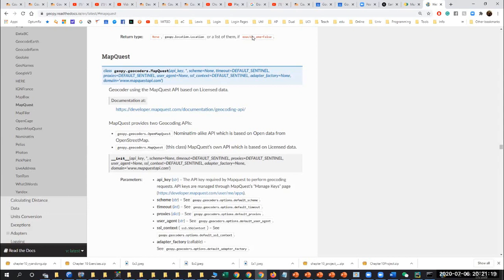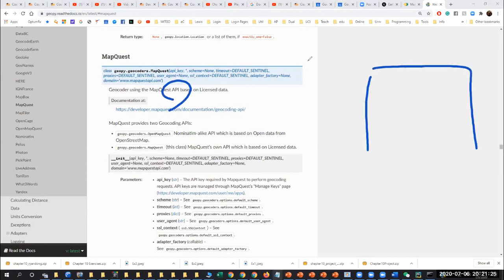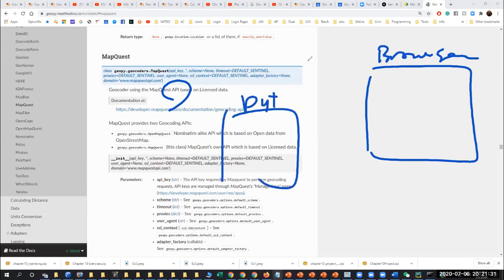What this really means is you get the API key, you bring up your browser window, and you have your Python program talk to it, put data to here, and get data back. Today we are not going to try this, but I just show you that this is possible.